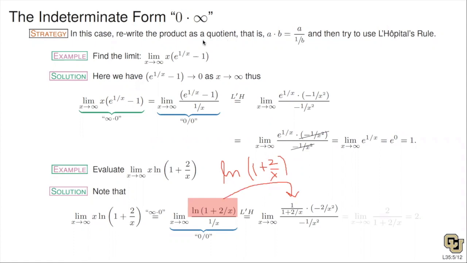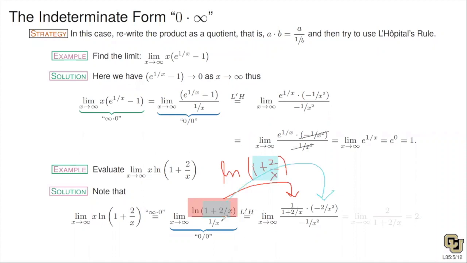This part right here is the inside function. And remember, 2 over x is just the same as 2 times x to the minus 1. So the derivative here is 0 plus 2 times negative x to the minus 2, or negative 2 over x squared. And so that's the derivative of the inside right there.